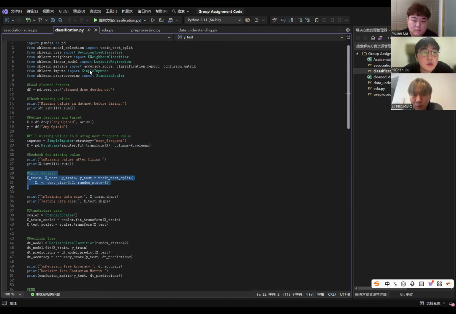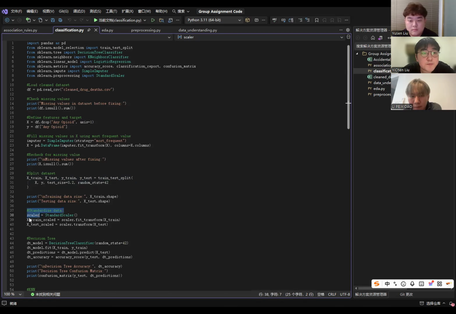80-20 ratio. This is necessary because we want to train the models on one part of the data and evaluate them on unseen data. That gives us a fair measure of performance.